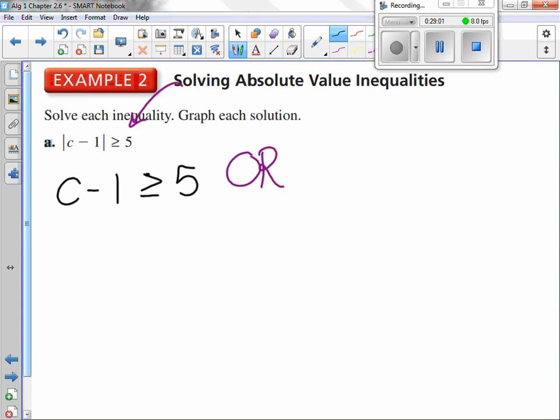So we're saying c minus 1 is greater than or equal to 5. And then our other case, c minus 1 is what? Less than or equal to. Because one case we leave it the same, we just drop the absolute value. The other, we flip the inequality and change the sign of the number.